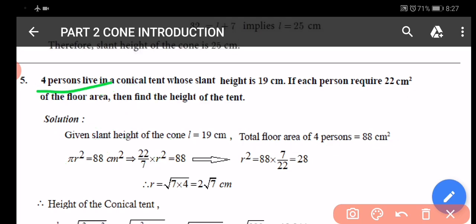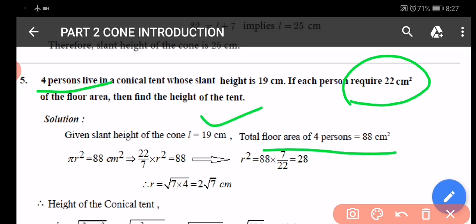So 4 persons live in the conical tent. The area required for 1 person is 22. So the total area of the base is equal to 88 centimeter square, and L is given. L, the slant height, is 19 centimeter. Then what is asked?